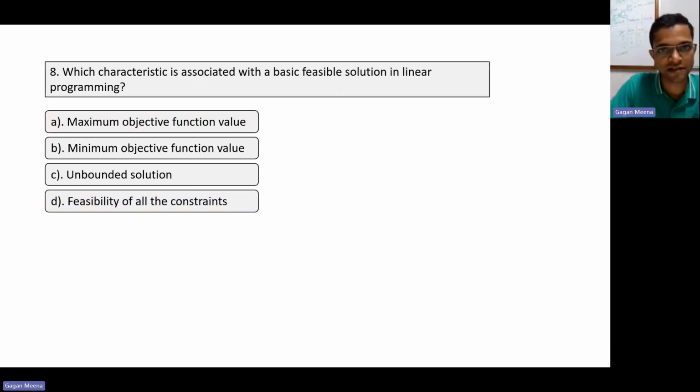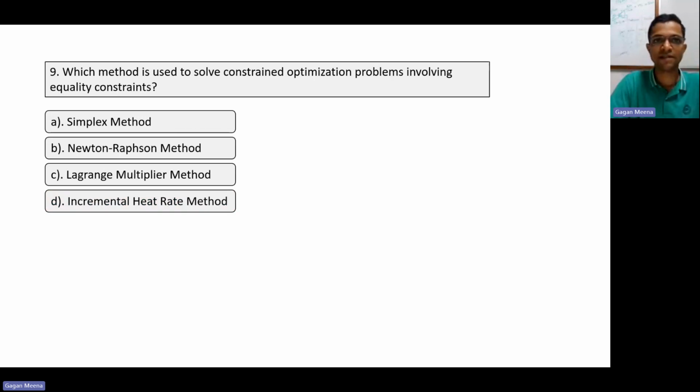Which characteristic is associated with the basic feasible solution in linear programming? Maximum objective, no. A basic feasible solution has to do with the feasibility of the problem. Basic feasible solution requires feasibility of all the constraints. Which method is used to solve constrained optimization problems involving equality constraints?